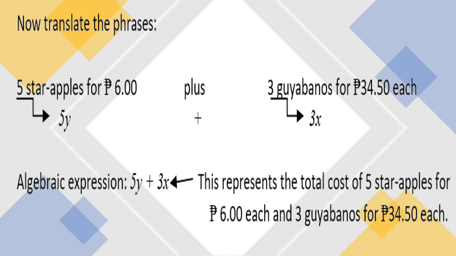Now, translate the phrases. The algebraic expression 5y plus 3x represents the total cost of 5 star apples for 6 pesos each and 3 guayabanos for 34 and 50 centavos each.